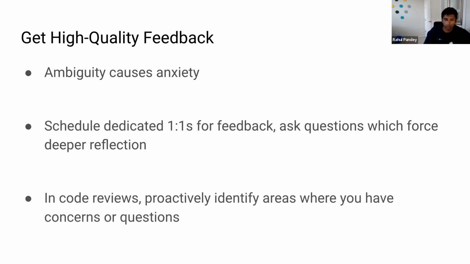And then in terms of actual code, right? If you're a software engineer and you are putting out a code change, it's also really helpful to proactively identify areas where you have concerns or questions. So if you put out a code change and you say, hey, here's something where I really don't understand the API, someone help me with a code pointer or an article, which will help me make this better.